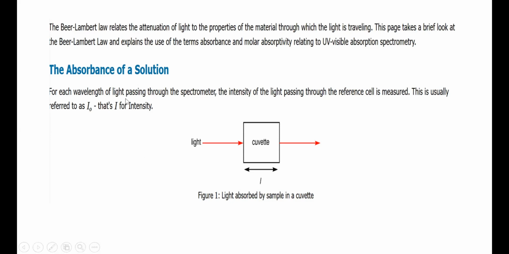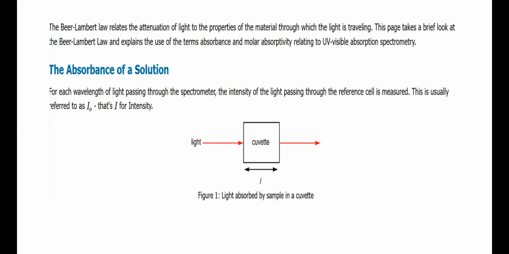This is a very simple schematic diagram that shows here there is a light source. Here is the sample holder, which is called cuvette. As light passes through the sample, some of the light will get absorbed and some of the light will be transmitted. The amount of light that is falling onto the sample is referred to as I0. That is I for its intensity, right?